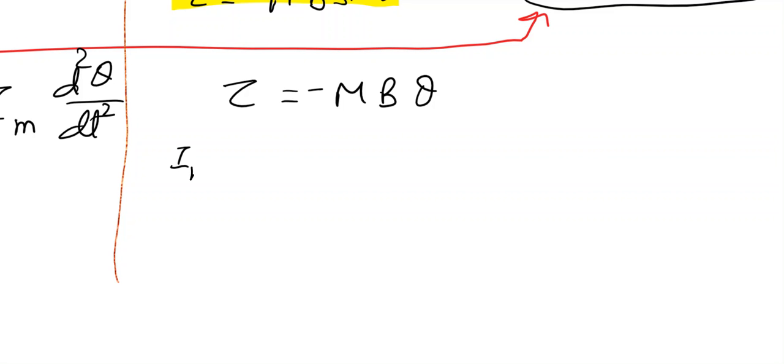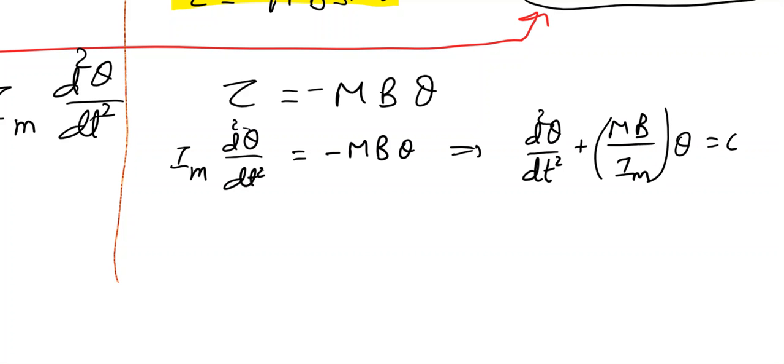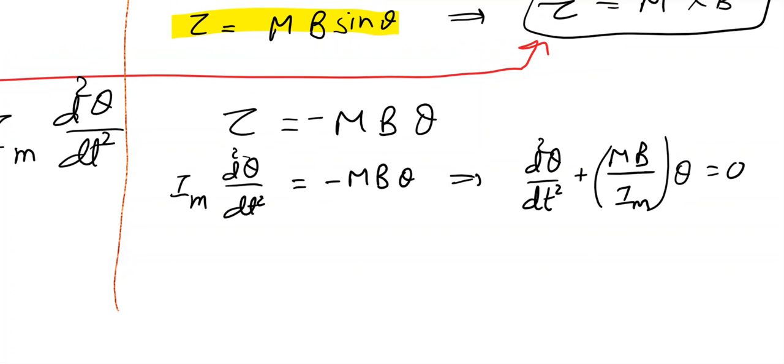So the left side is replaced with Im d2 theta by dt square is equal to minus mb theta. This can also be written as d2 theta by dt square plus mb by Im into theta is equal to 0. Isn't it similar to one of the earlier equations, d2y by dt square plus omega square y is equal to 0?